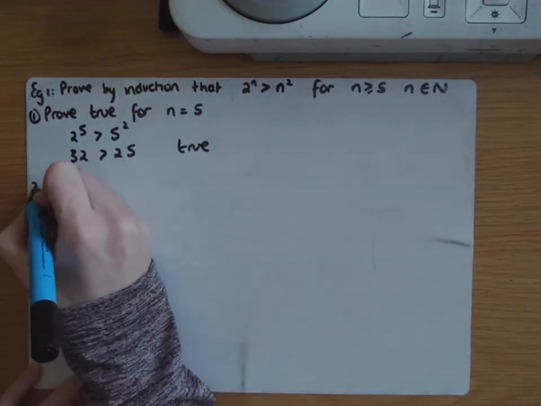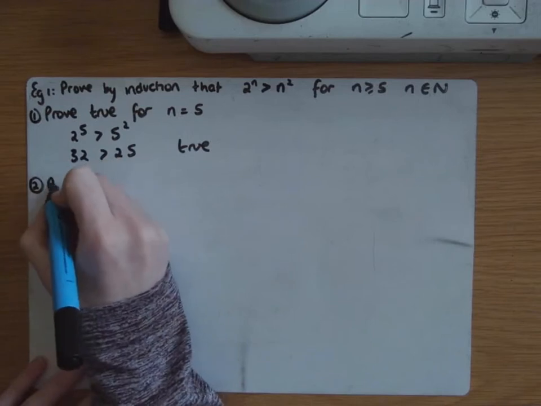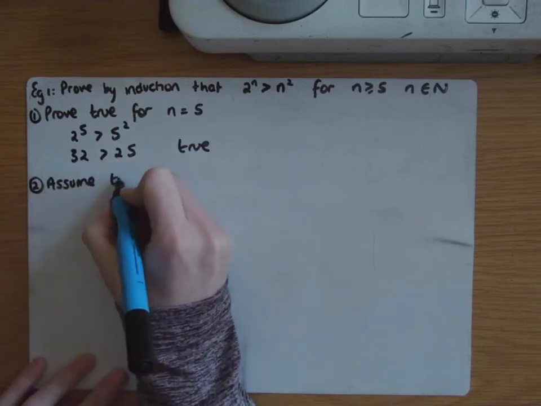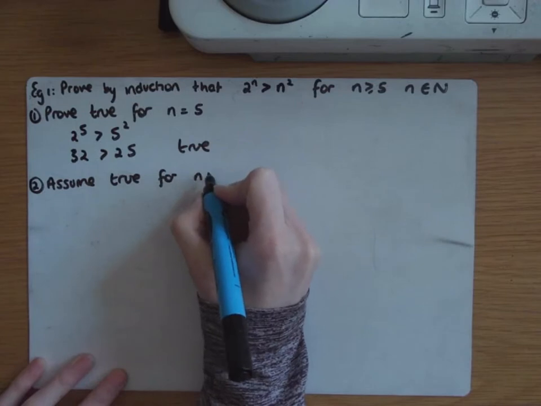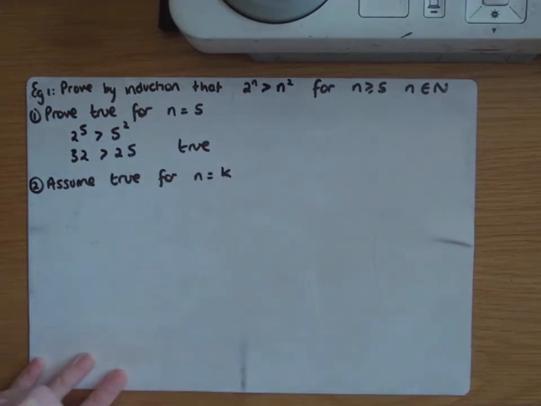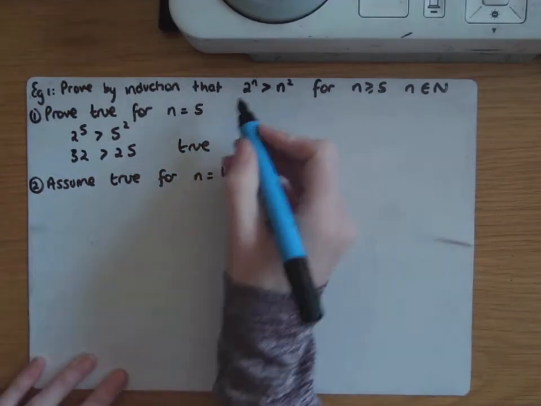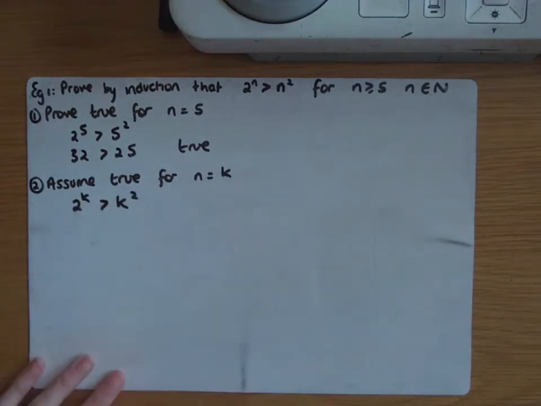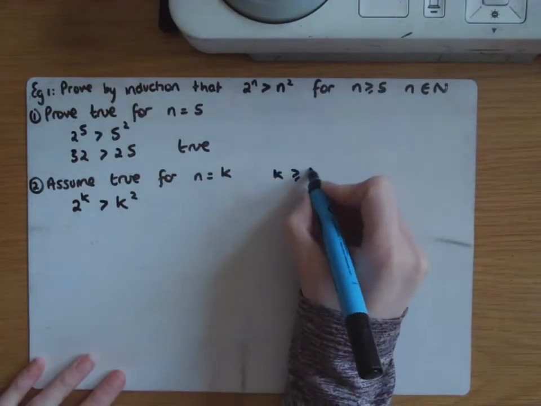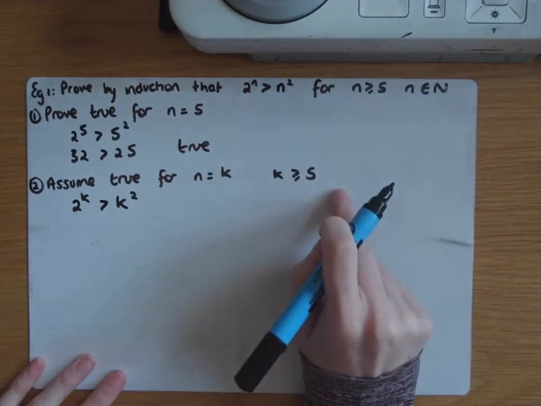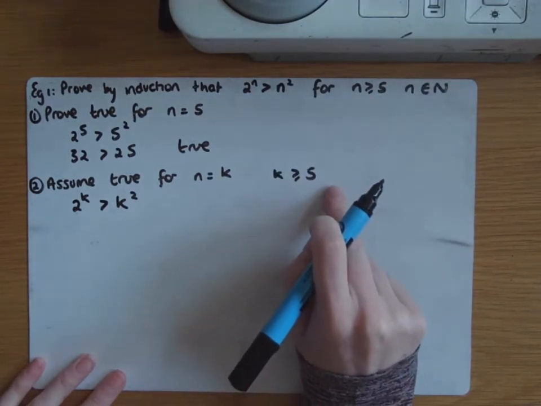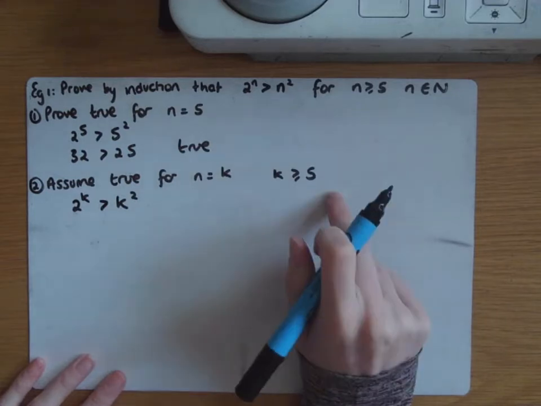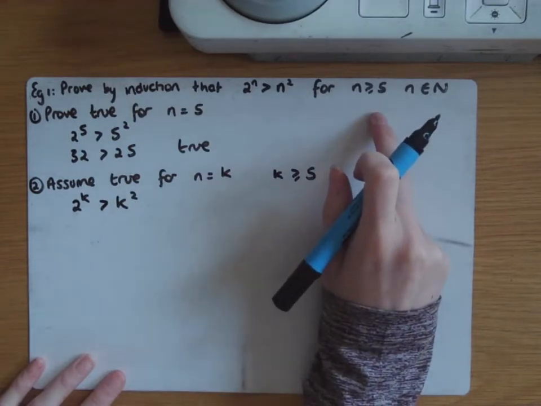Our second step for induction is assume true for n is equal to k. So we're assuming that 2 to the power of k is greater than k squared. But that is only if k is greater than or equal to 5, so don't forget that little part there. We're only showing and assuming for k is greater than or equal to 5.